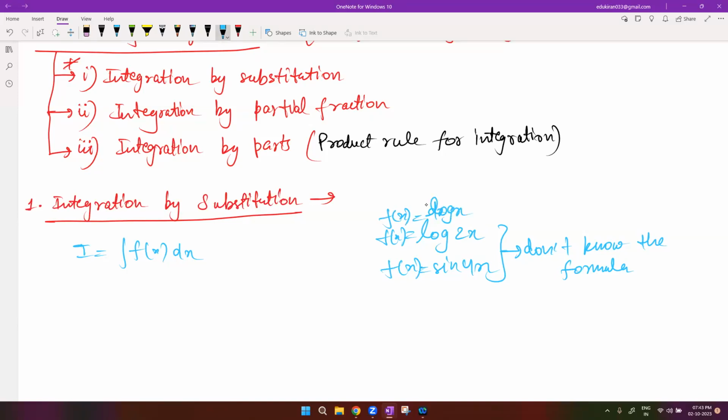You can't even integrate log x, guys. Not log x, not sin 4x, and log 2x we can forget. We don't even know the formula for log x because we don't know the function whose differentiation is log x. That is why we don't know the integration of log x. If you know a function whose differentiation is log x, then it is easy.